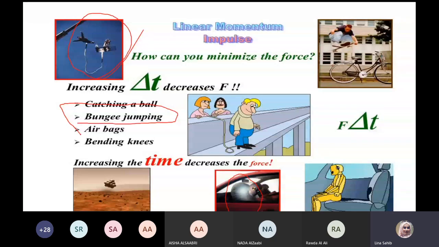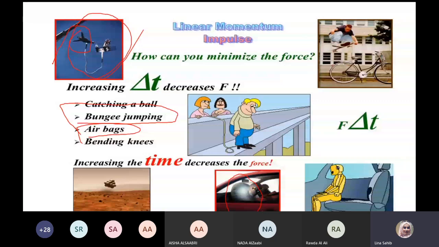We already talked about the airbag. In bungee jumping, this rubber belt is connected to the person's leg before they jump from a specific height.